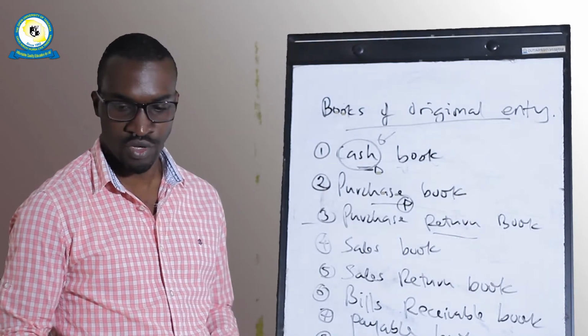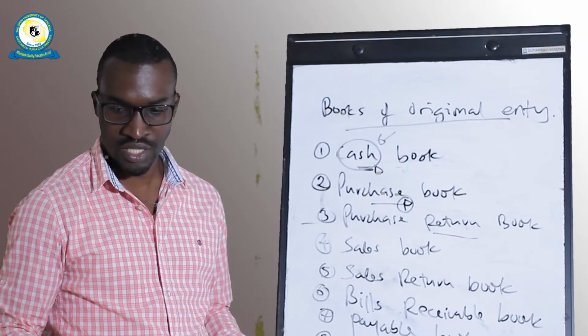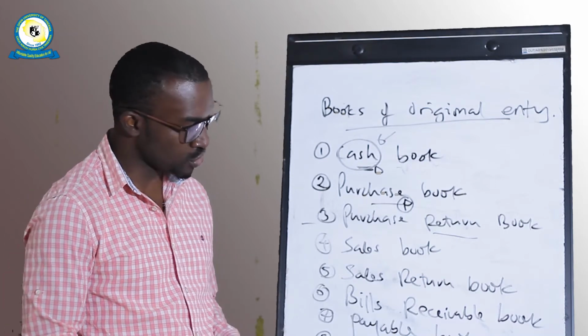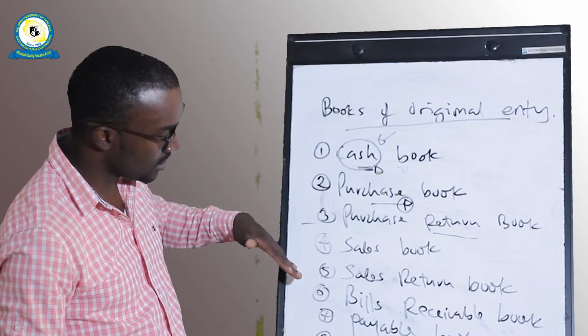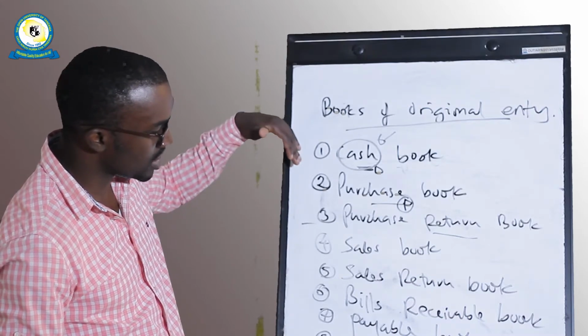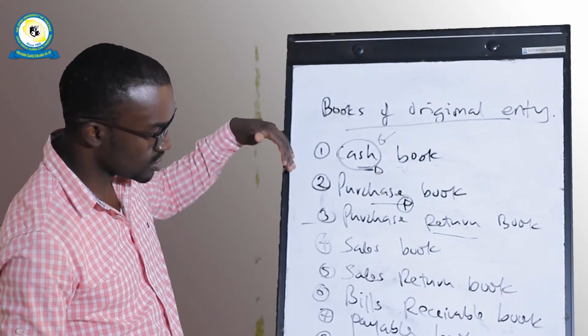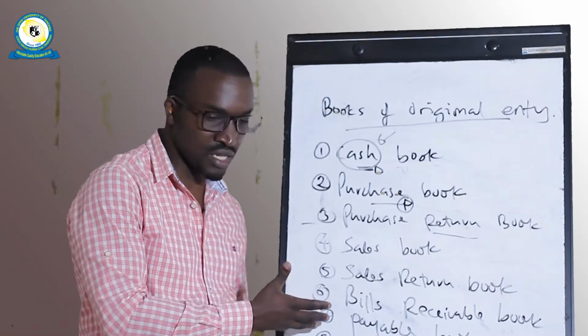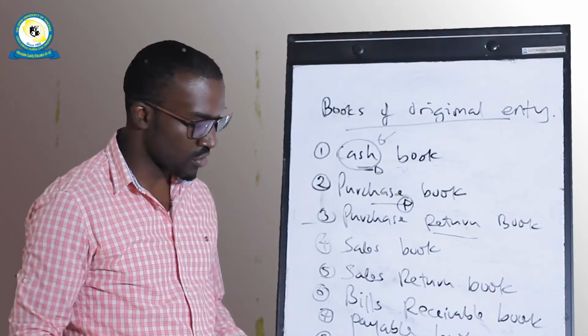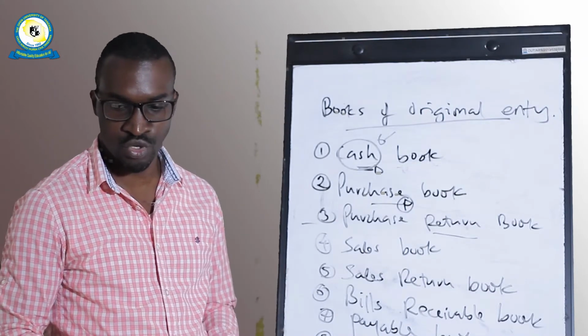And also we have the journal proper. You see, we now have a cash book, purchase day book, purchase return. Sometimes you might have transactions that do not fit in these books, so those transactions that cannot fit in the other books of account are recorded in the journal proper.